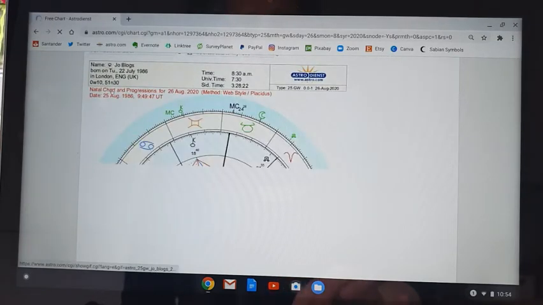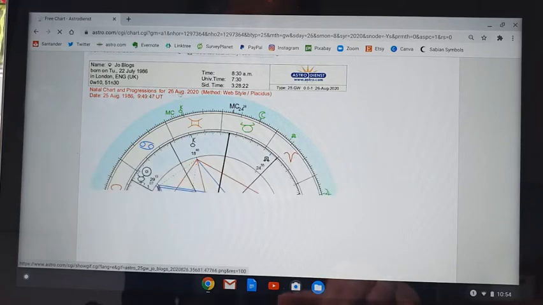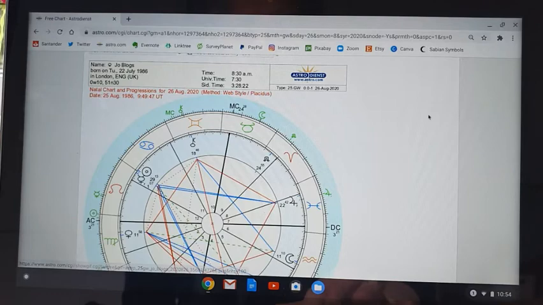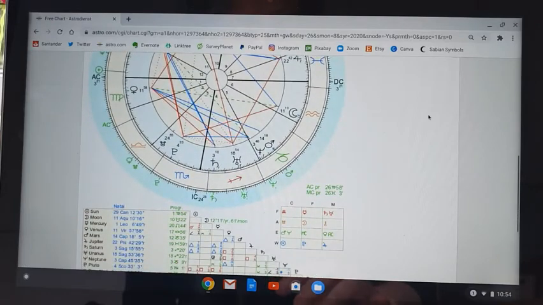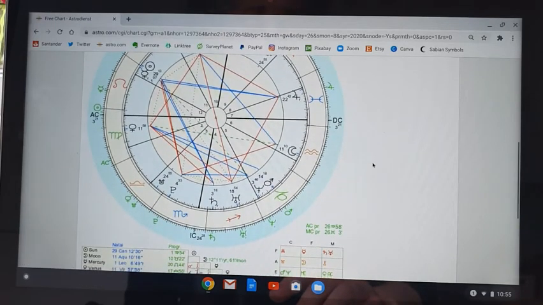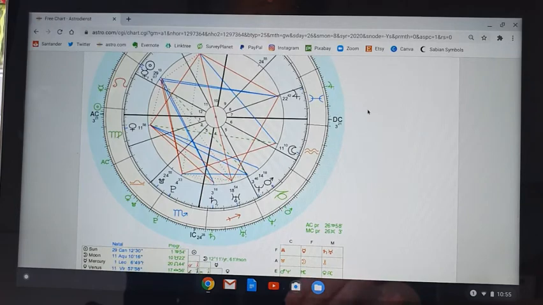So you can see natal chart and progressions for 26th of August 2020. That's your name there. And progressions, so you see the chart is your normal chart, as if you were just looking at your natal chart, but all these green little hieroglyphs, the planet signs basically, are in green on the outside of your chart.